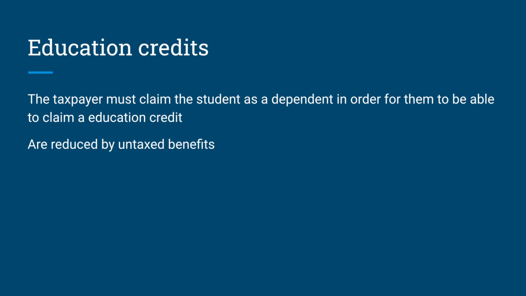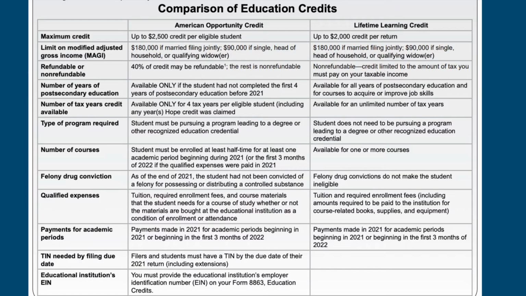It's important to note that these education credits are reduced by untaxed benefits that the taxpayer does receive. And so you'll see how this works in tandem when you're actually doing your returns with the calculation of scholarships and fellowships and how those factor into income. These really work hand in hand together, and they work together to give us the correct amount in the end.